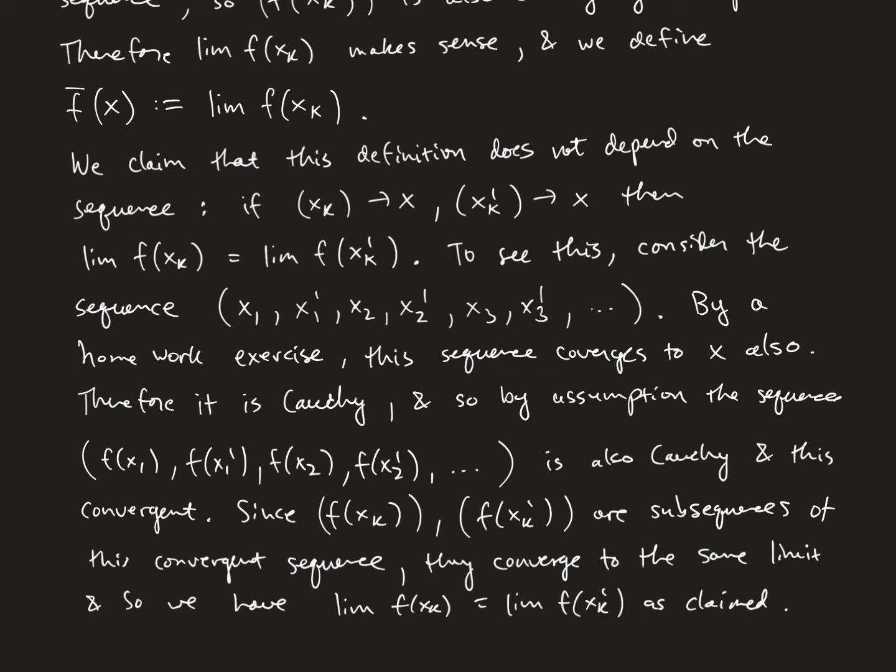All right, so a little bit of a trick there can get you around having to mess around with epsilons and deltas, which I think is preferable if you can avoid it.